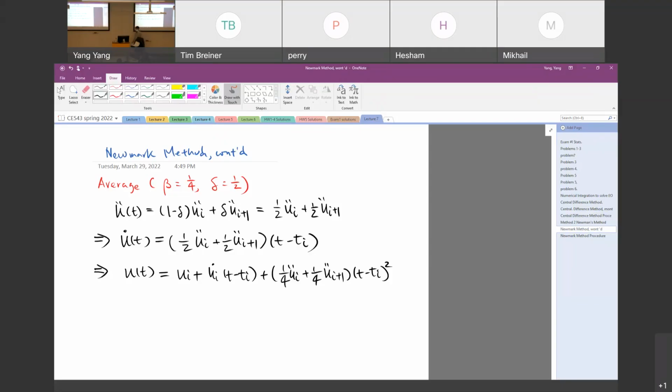If the response at time t i is known to us, we would like to know the relationship between the response at a later time and the response at the earlier time, so that we can have the program calculate the values step by step. So how about we just let the time t equal t i plus 1? Yeah, that's right. So that we can have delta t.